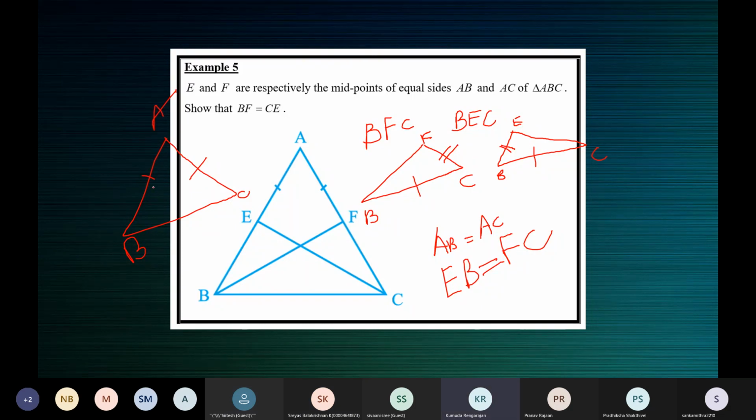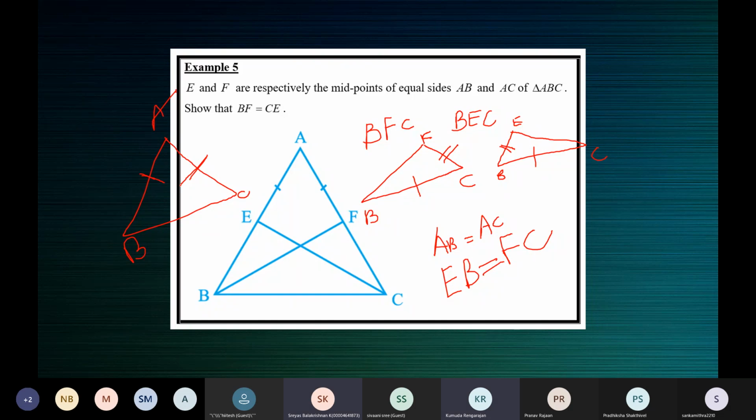In triangle ABC, we know that AB is equal to AC. So when two sides are equal, what is it we have proved? Ma'am, their angles are also equal. Which angles? When two sides are equal in a triangle, it is said to be an isosceles triangle.